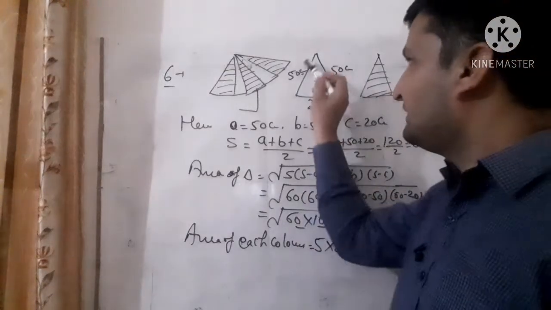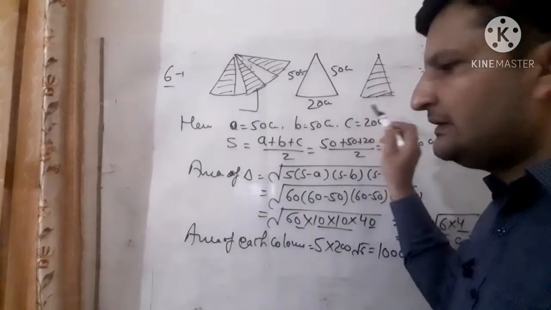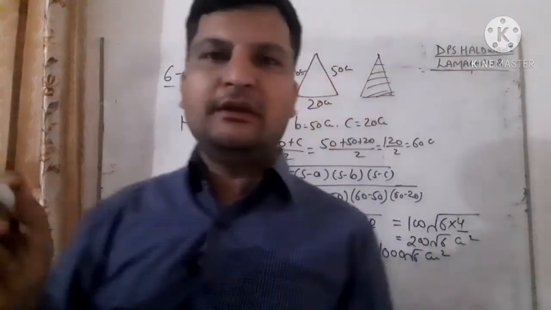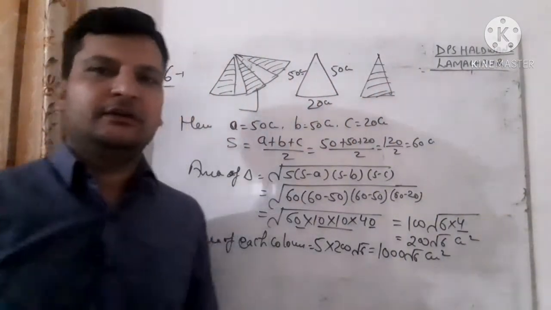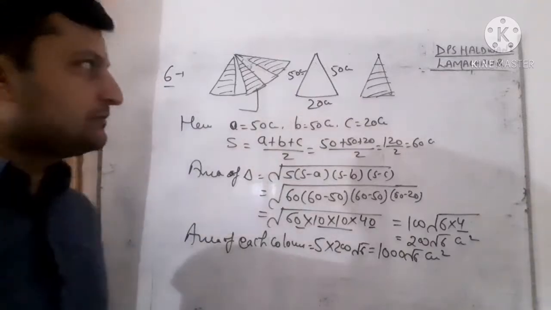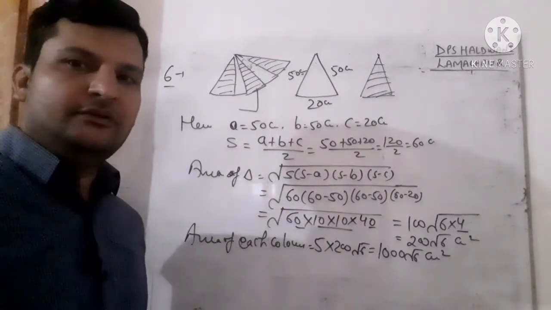Then we multiplied by 5 and got the answer 1000 root 6 centimeter square. So student, you can pause the video and note it down, and then after that we will start the new question.